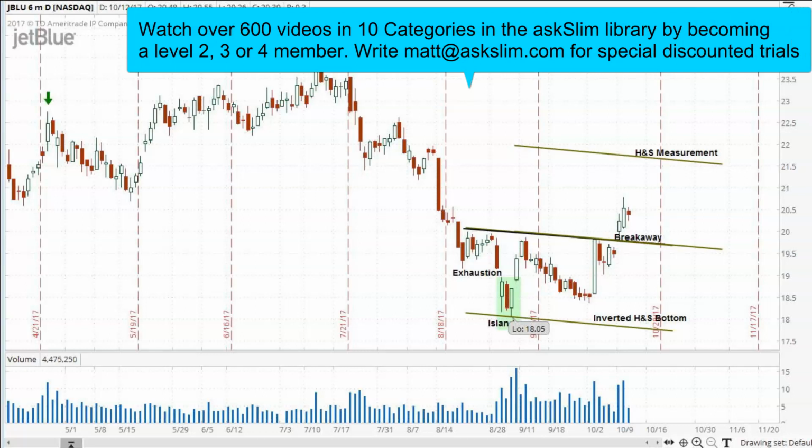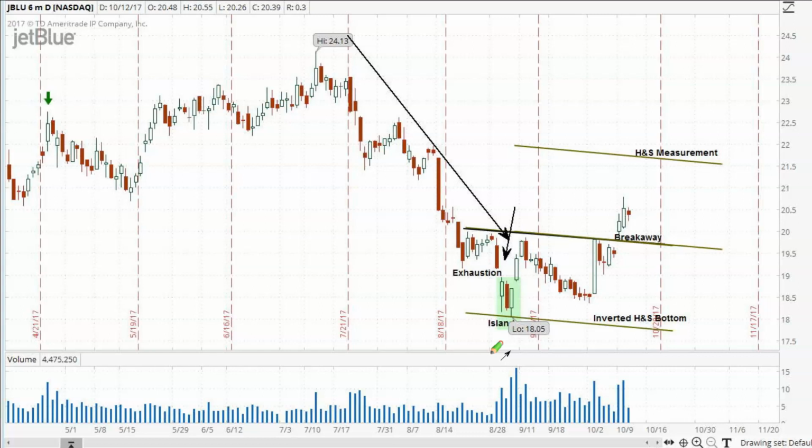The first of all, what I want you to see is there's an exhaustion gap in here. You see this? It was in a long downtrend over here. Now, what it gives you a lot of information about an exhaustion gap is that it's usually going to be an increasing volume, which you see happening right over here, and it's going to give you some kind of a reversal. So you see that was an upward turn.